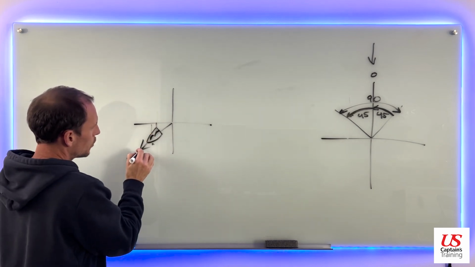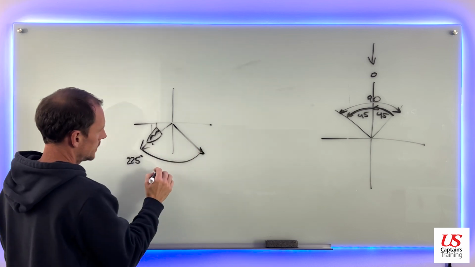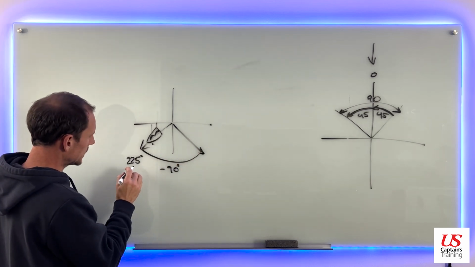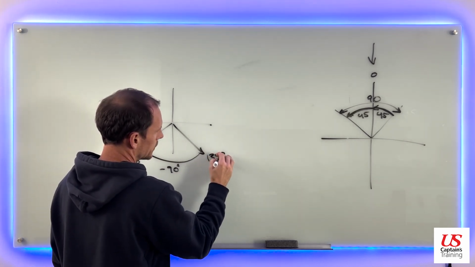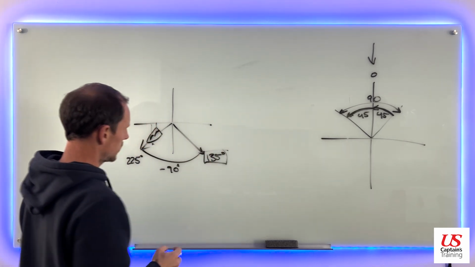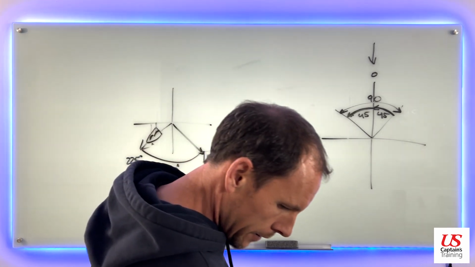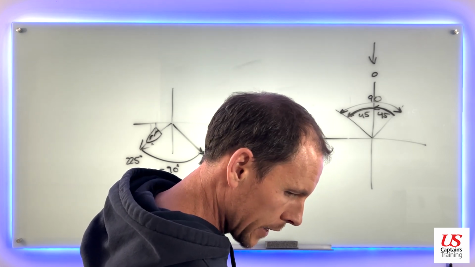Okay, and now we need to go 225 minus 90 degrees. 225 minus 90 is 135. 135 degrees. That should be the answer. Let's check. 135 is B. 5 is B.